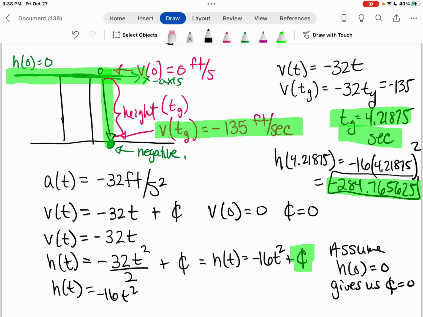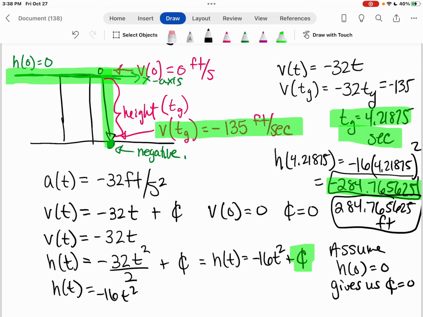So that's why we have a negative for the height. But the height is actually just 284.765625 feet. The negative only indicates that it's below where we have it set up as the height is 0.